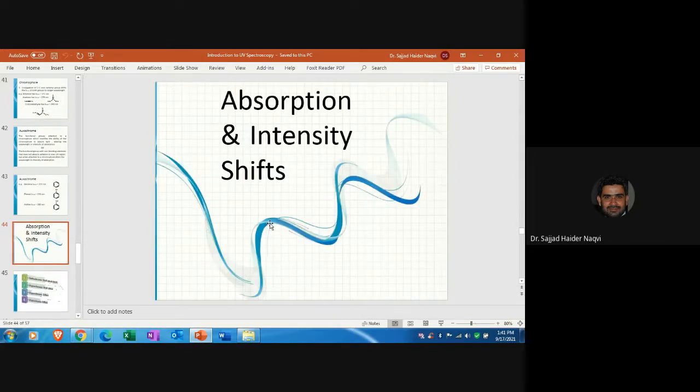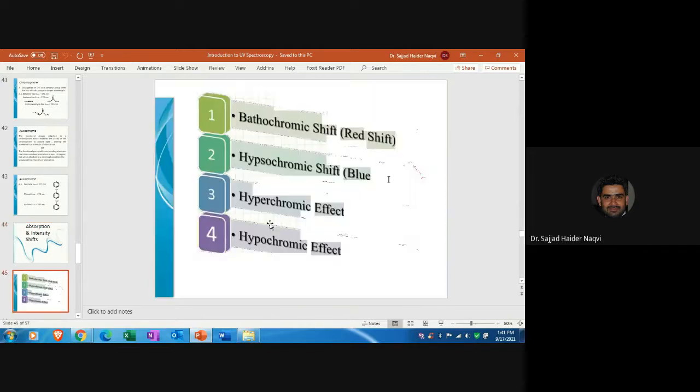Now, the next thing we're going to discuss is absorption and intensity shift, because this is the basis of this technique. There is a particular absorption, and as a result of that, there is a certain change of energy level, and that results in the intensity shifts. So now we are going to discuss that.